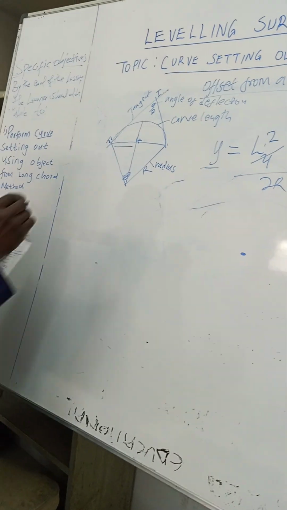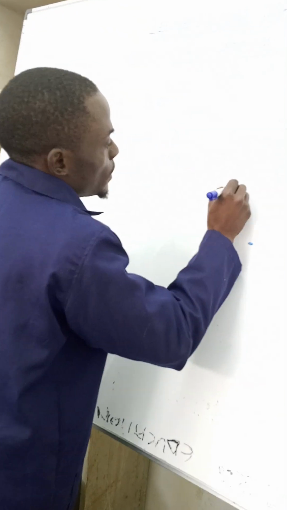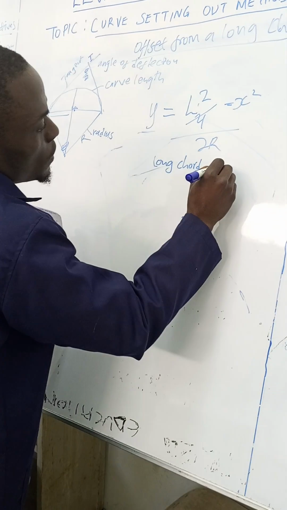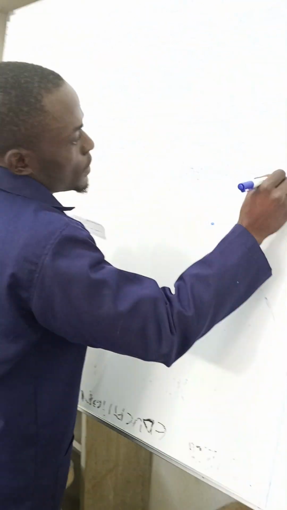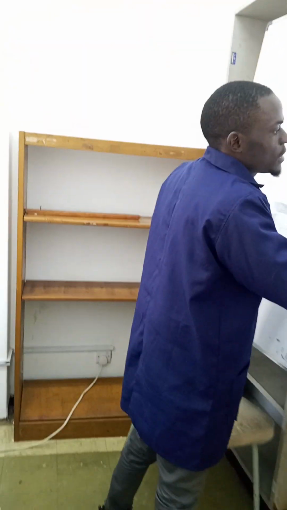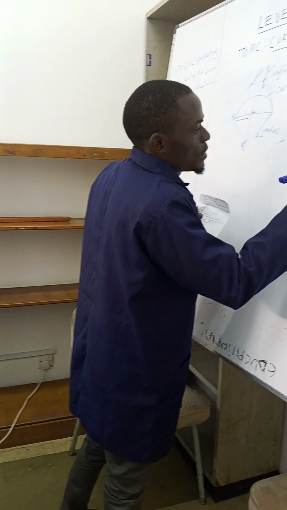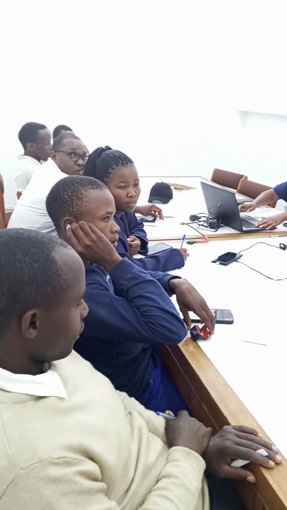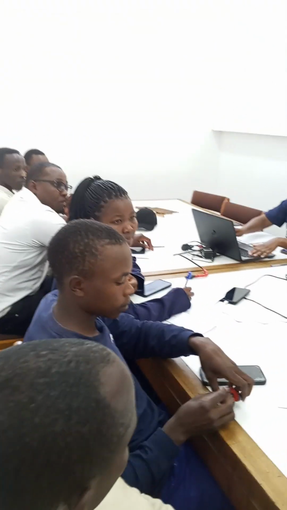Let's assume our long chord is 400 meters and our radius is 100 meters. Now, when you divide the long chord of 400 meters into half, it will be 200 meters.